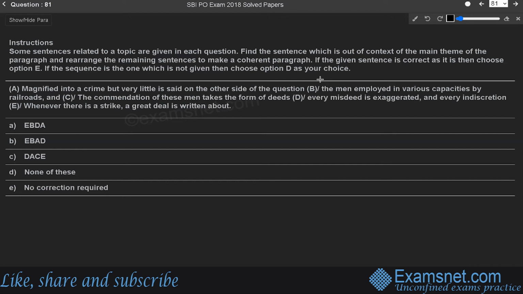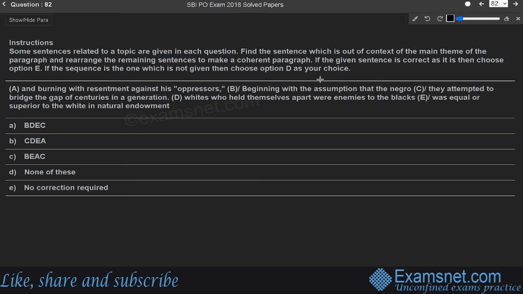Hence, E, B, D, and A form a coherent sentence, and sentence C, which mentions the deeds, will not fit in this whole sentence. Therefore, it can come further in the paragraph. So EBDA forms a coherent sentence.